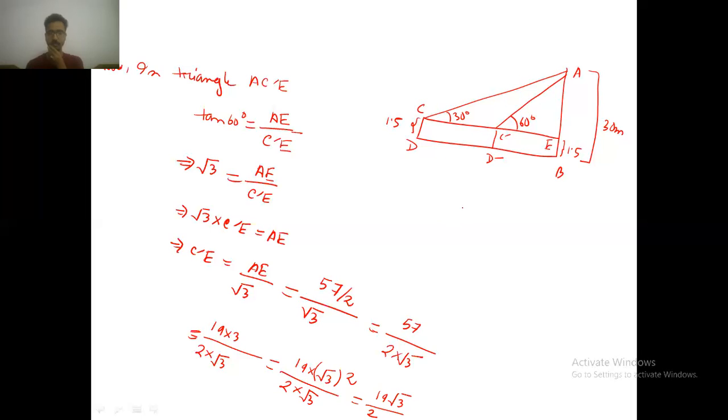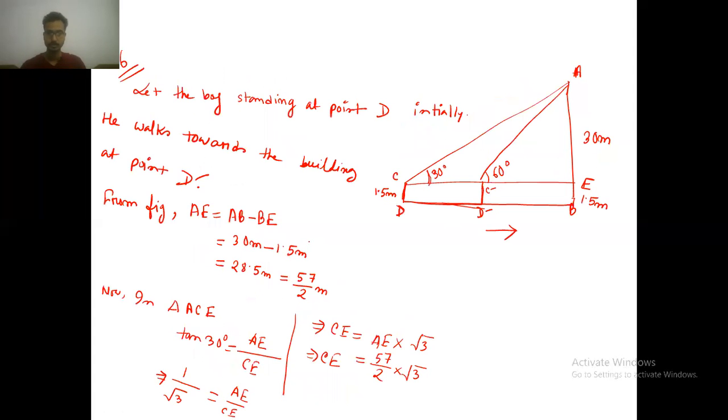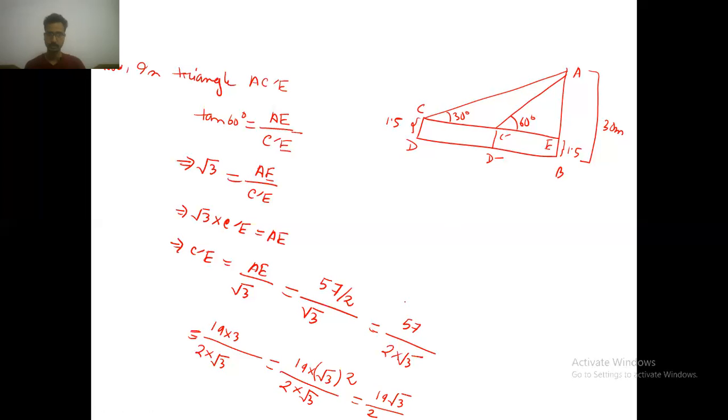Now we have found the value of CE and C'E. CE is 57 √3 by 2, and C'E is 19 √3 by 2.